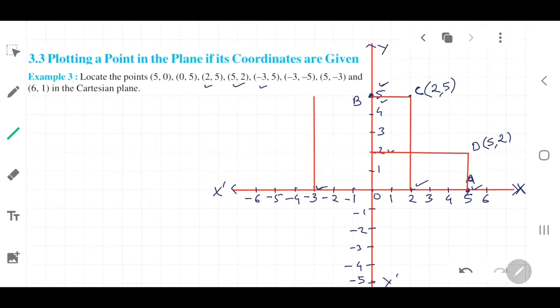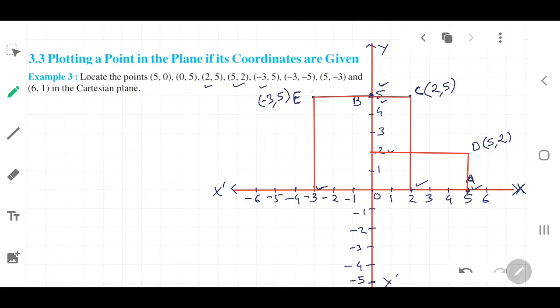Then from this point you join it till here. Correct? So where it is joined, you write it as point E. And the value of point E you can write here, x will be minus 3 and y is 5. Correct?